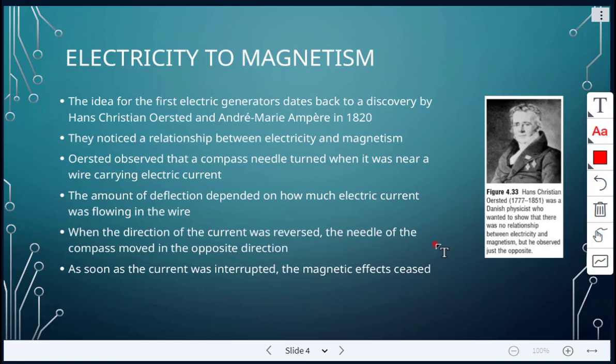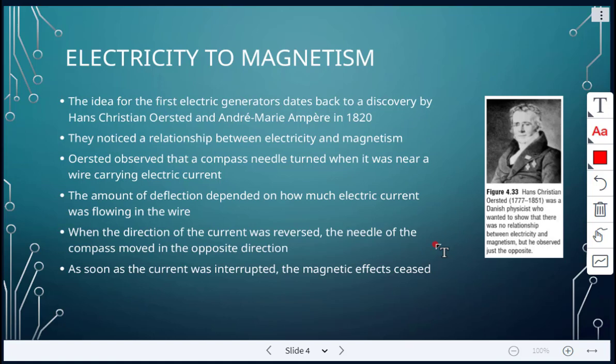They would take a compass needle and a wire that was carrying electric current, and what they observed was the compass needle would move or turn when it was near a wire carrying electric current. The amount of deflection of the compass needle depended on how much electric current was flowing in the wire. If they reversed the direction of the current, the needle would move in the opposite direction.